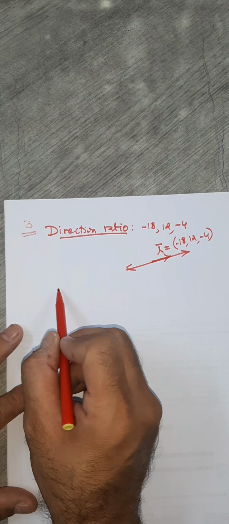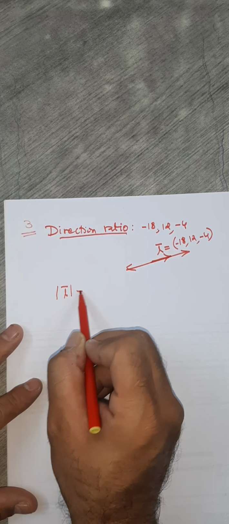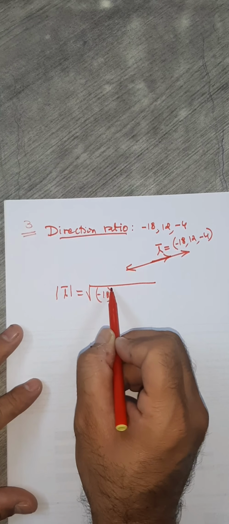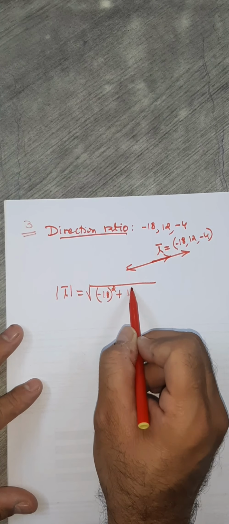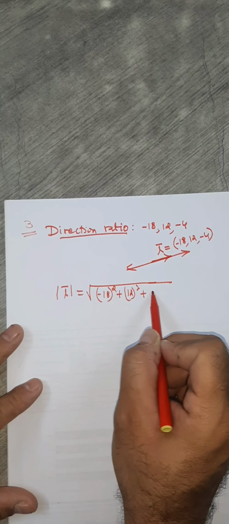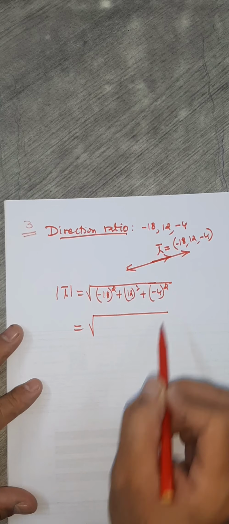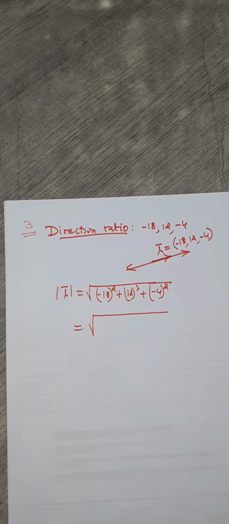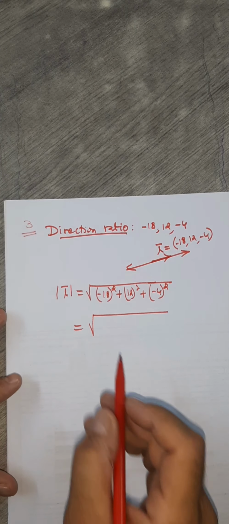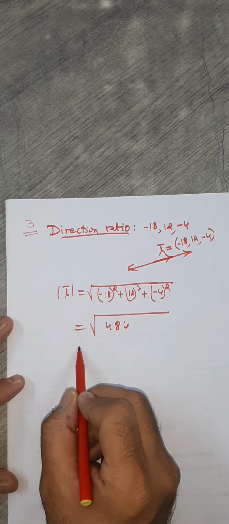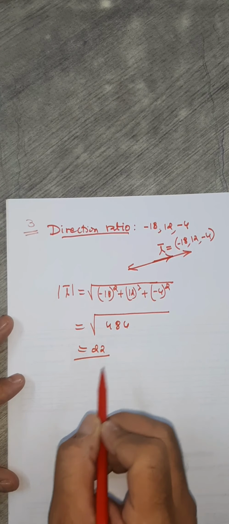So first I'll get its length. What's the length of this? Minus 18 squared plus 12 squared plus minus 4 the whole squared. Just add them and simplify. So this is just 484, which is 22.